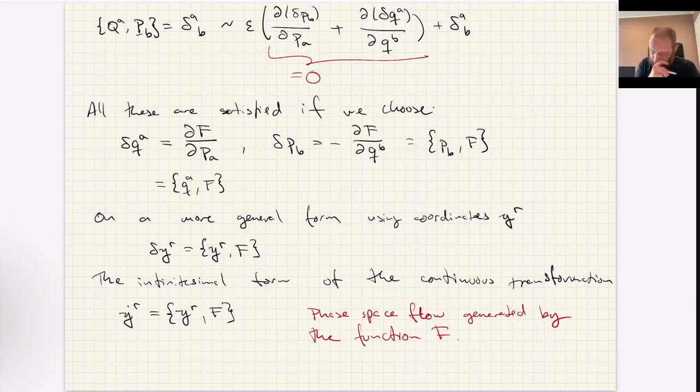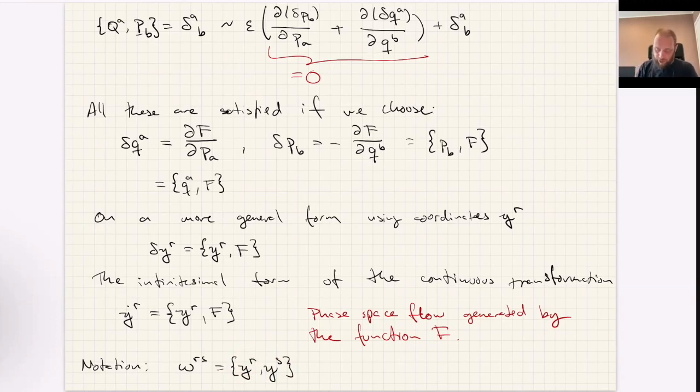And I'm going to introduce here now also just a bit of notation. I'm going to introduce omega rs as the Poisson bracket of yr and ys. So here you see that this is going to be plus minus 1 or 0. So if I take both y's to be q's, that's 0. If I take them to be both p's, it's also 0.